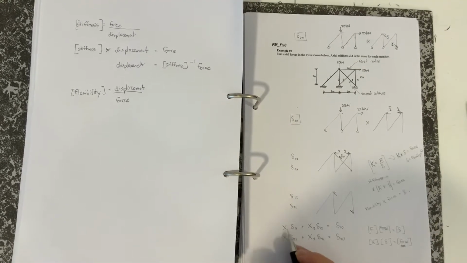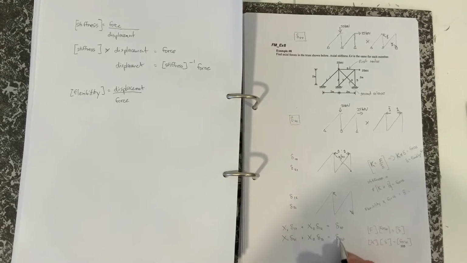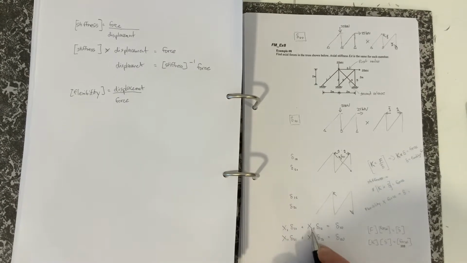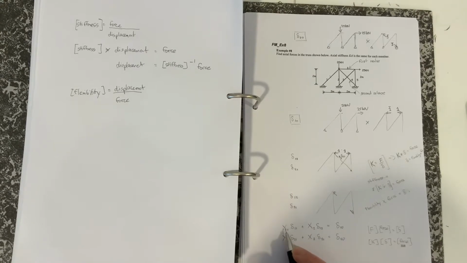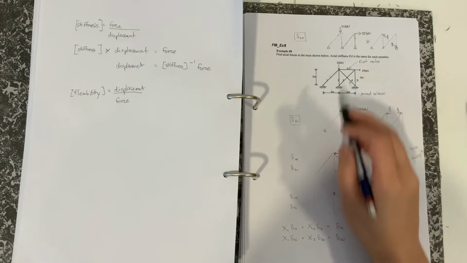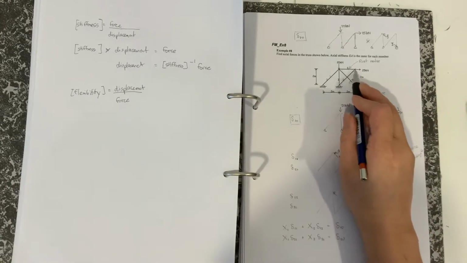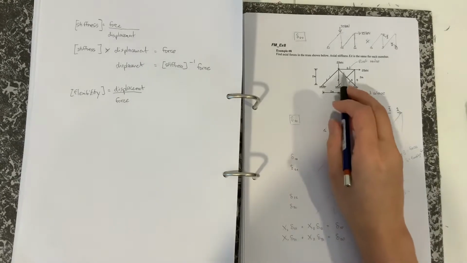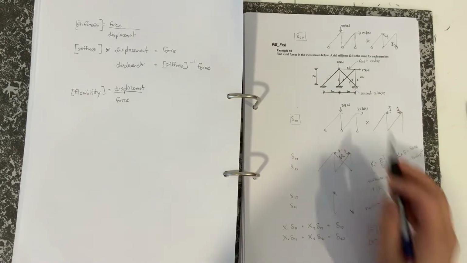So you end up with 2 equations and 2 unknowns, x1 and x2, which would give you enough information to solve for them, x1 being the force in the first released member and x2 being the force in the second released member.